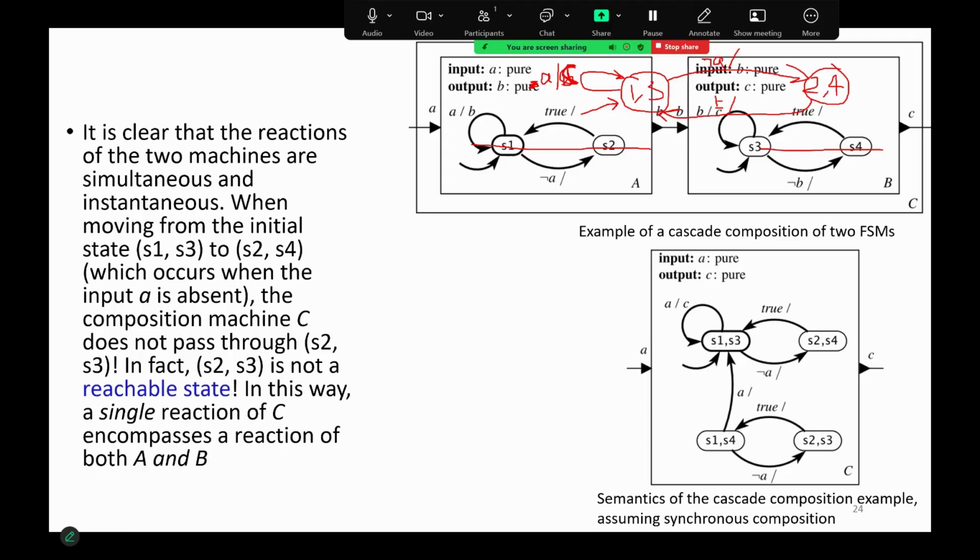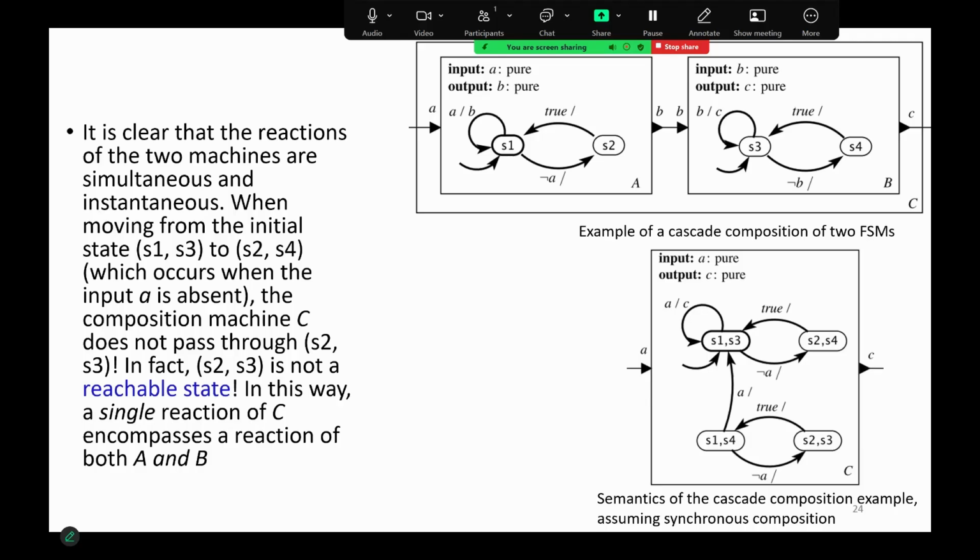So let's go through it. We have the states as the Cartesian product again of the synchronous, which is 1, 3, 1, 4, 2, 3, 2, 4. Right? This is the Cartesian product between the two states.